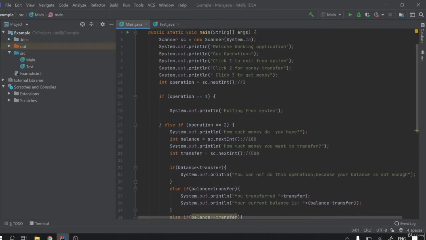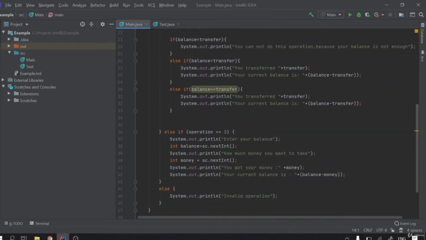So we did this, and for the 3, let's see here, click to get money. So we are going to do this again here, but I want you, guys, before I write this, please write it yourself, because it will help you to understand much more easily. So I assume you pause the video, you also wrote this code, and I'm going to write again.